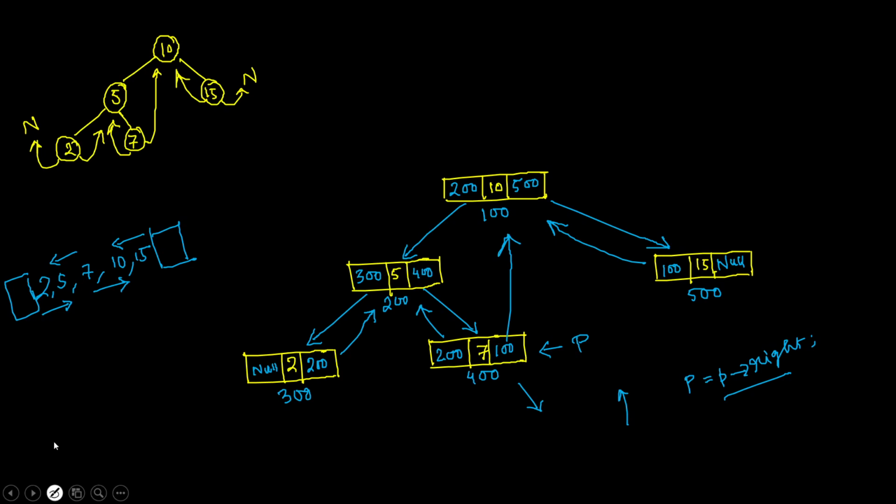So any misconception will lead to a very big failure at the time of traversing this tree, and that is why somehow we have to understand whether this is the address of the right child or the successor, and whether this is the address of the left child or the predecessor.